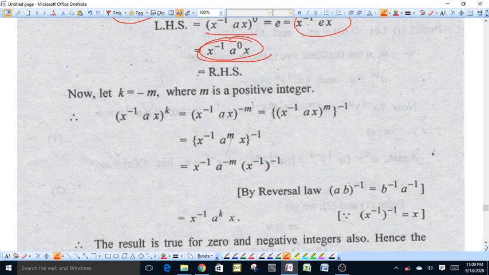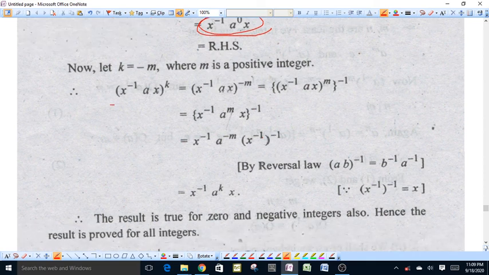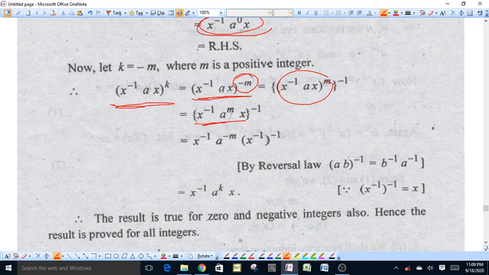Now we take k equal to minus m, where m is a positive integer and k is negative. (x inverse A x) raised to power k will be equal to (x inverse A x) raised to power minus m, which may be written as ((x inverse A x) raised to power m) whole inverse, and by using the above result, this will be equal to (x inverse A raised to power m x) inverse, and by the reversal law, this will be equal to x inverse A raised to power minus m times the inverse of x inverse, because the inverse of x inverse is equal to x.